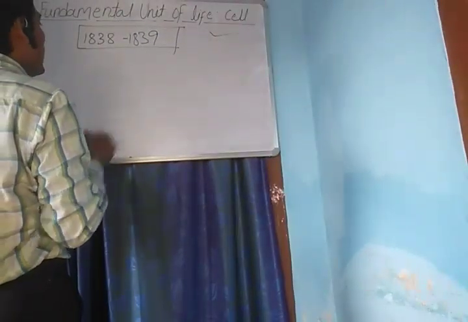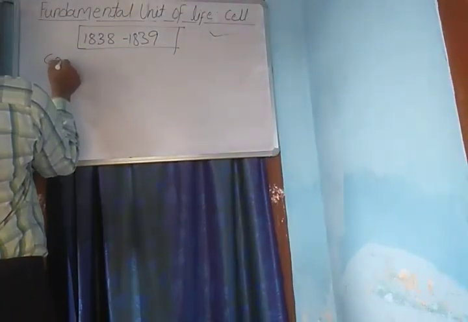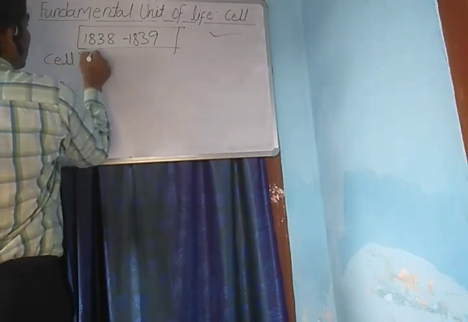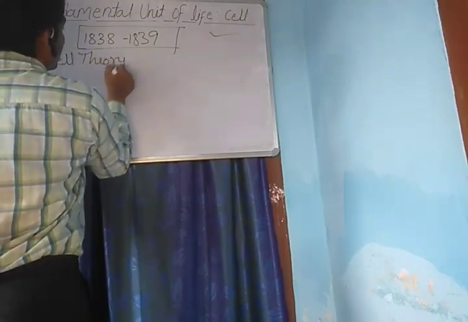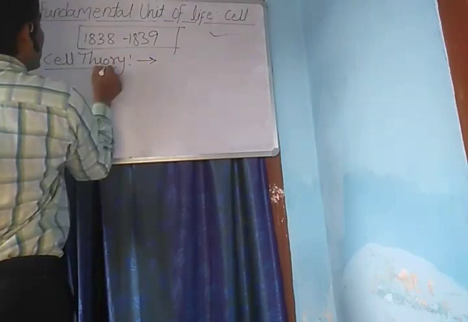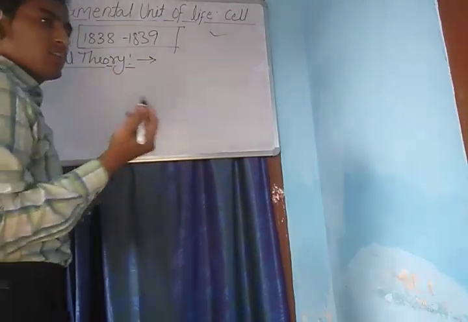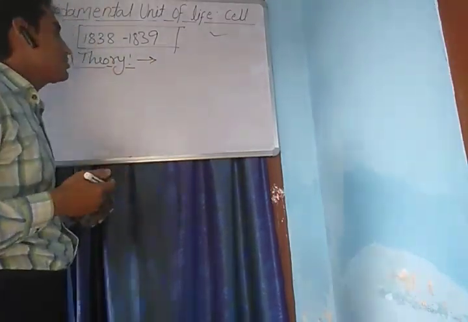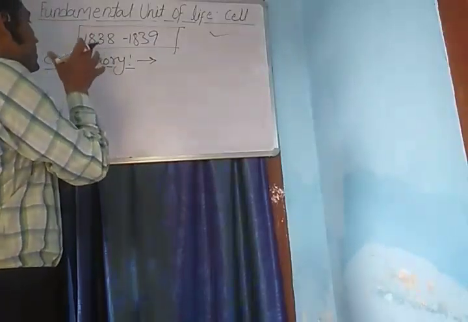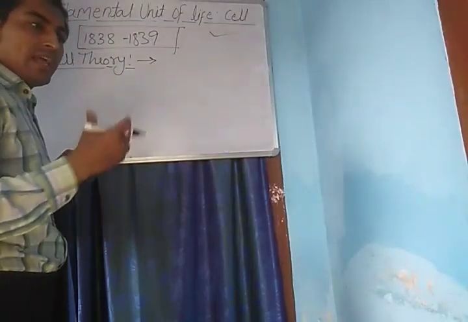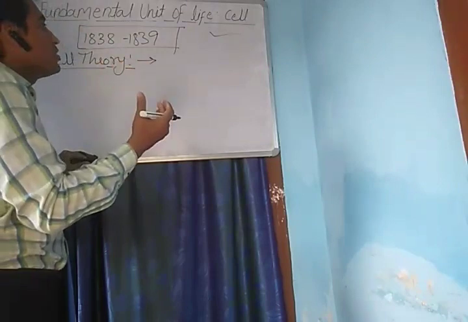So let's come to know about the cell theory. Cell theory is not a theory related to mathematics or others. It is a statement that is related to the cell.